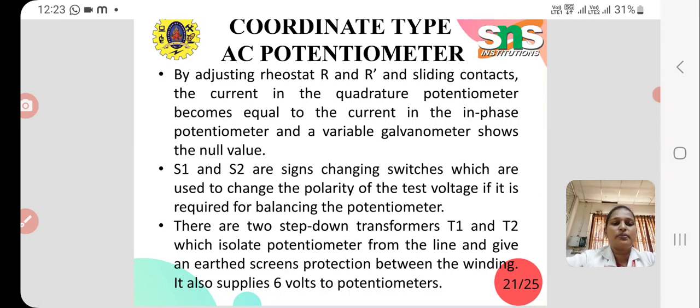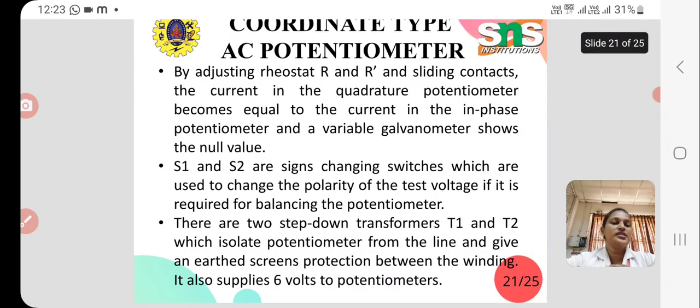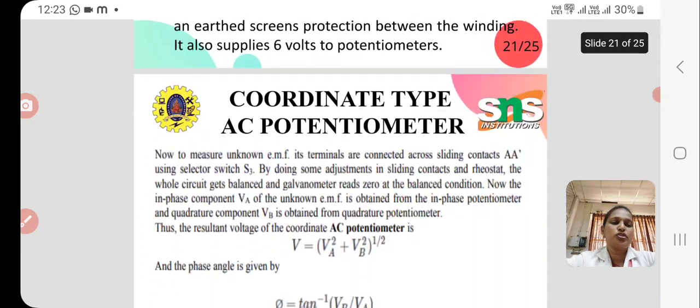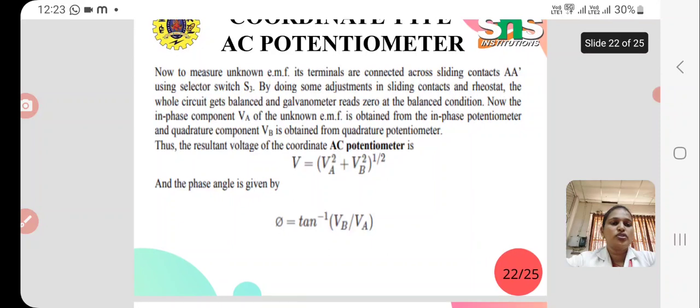There are two step down transformers T1 and T2 which supply the potentiometers. They step down the supply voltage of 230 volts to 6 volts, and they also isolate the potentiometers from the supply side and give an earth screen protection between the windings.